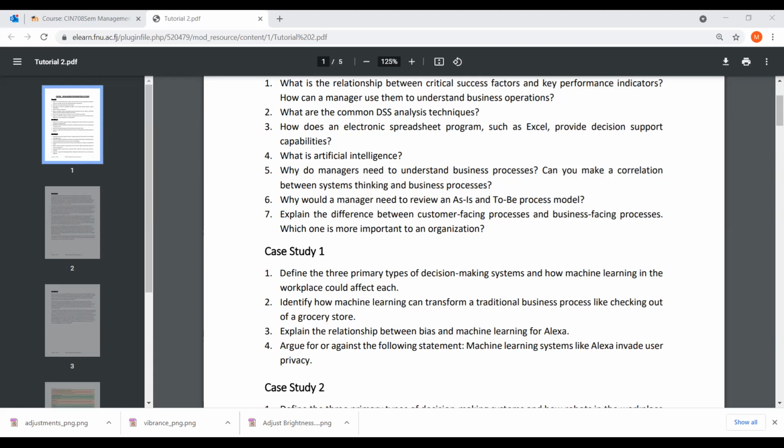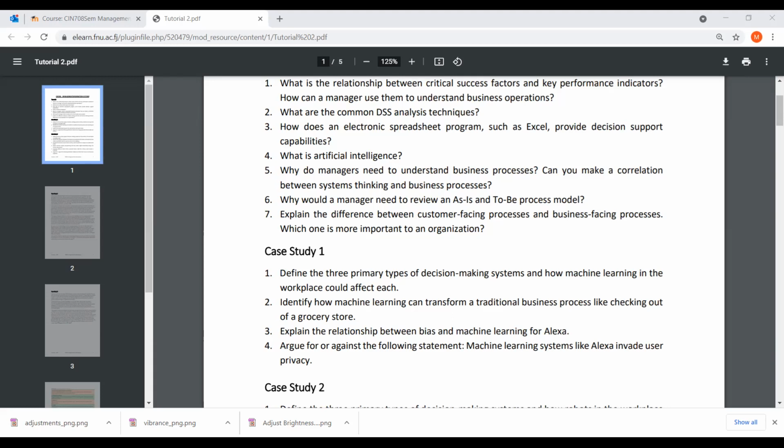Wearable technologies are examples of machine learning.